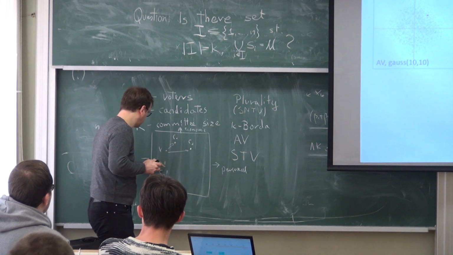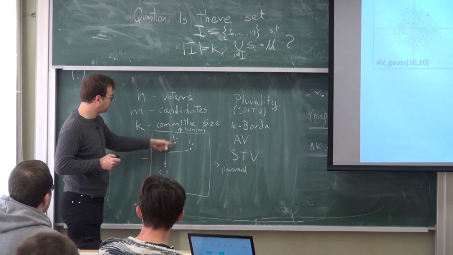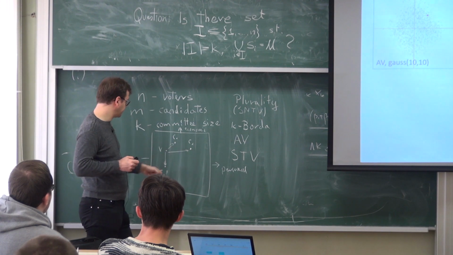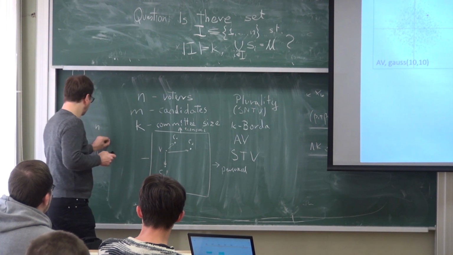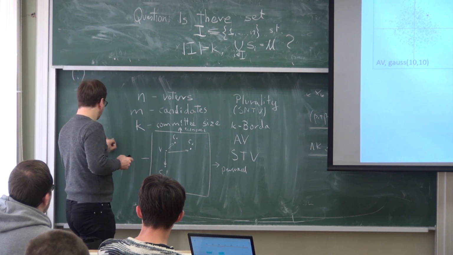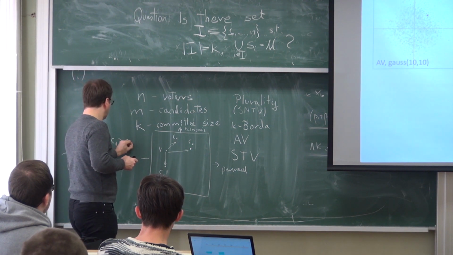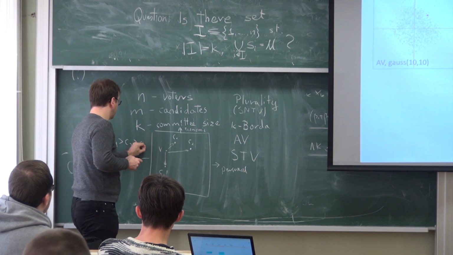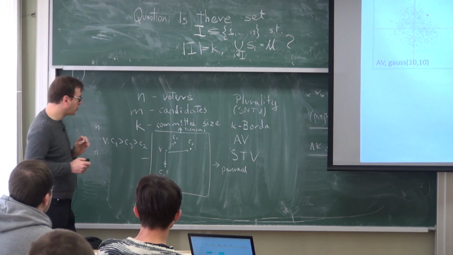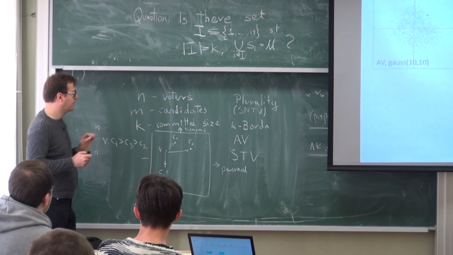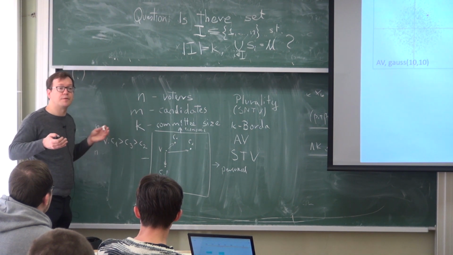So he's certainly closest to C1, then to C3, and then to C2. So voter V would have preference order C1, C3, C2, okay?